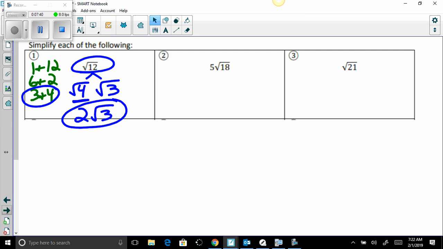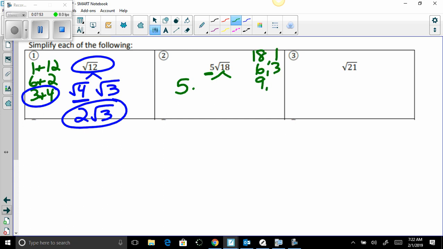Notice on this next question, I have a number in front of my radical. Make sure you leave that number in front of it and still break down 18. What are the multiples? 18 and 1, 6 and 3, 9 and 2. Which one of those is a perfect square? It is our last one. So put each one under a radical.